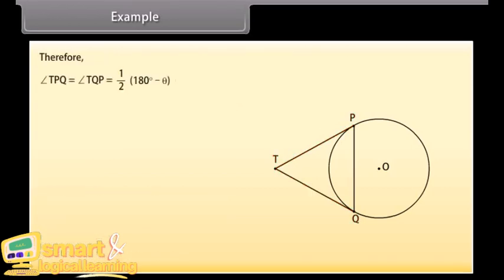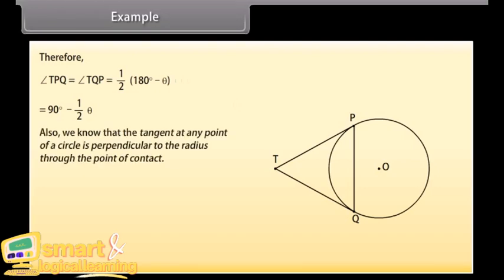Therefore, angle TPQ is equal to angle TQP, which equals 1 upon 2 into 180 degree minus theta, which is equal to 90 degree minus 1 upon 2 theta. Also, we know that tangent at any point of a circle is perpendicular to the radius through the point of contact. Therefore, angle OPT is equal to 90 degree.